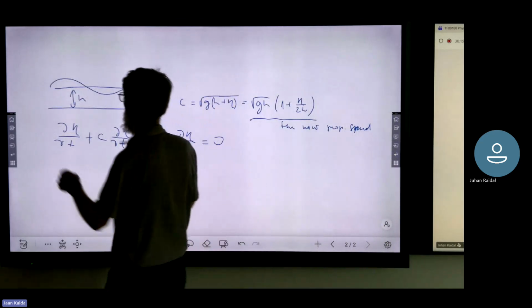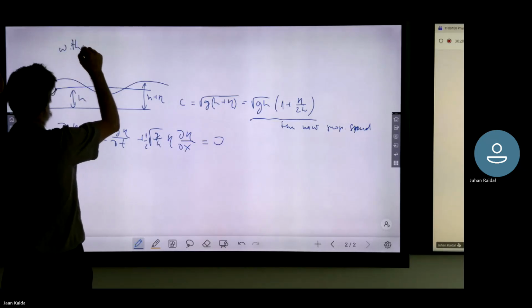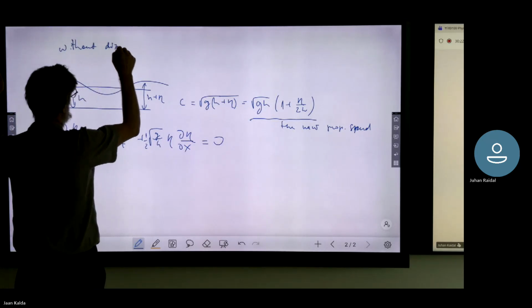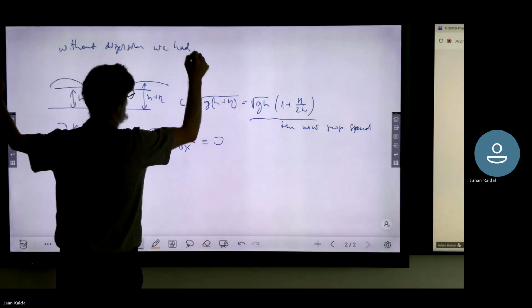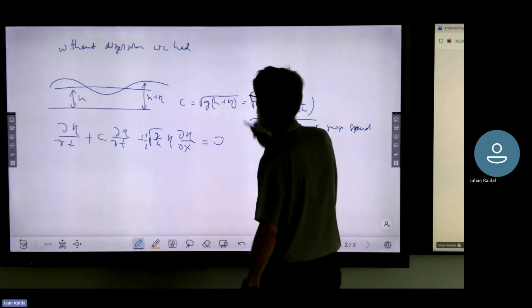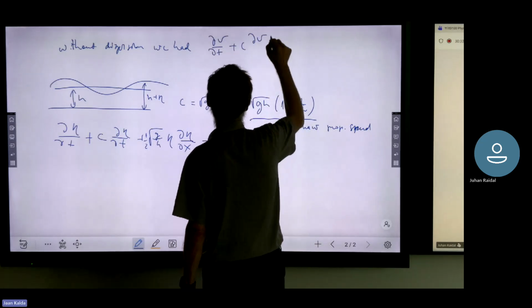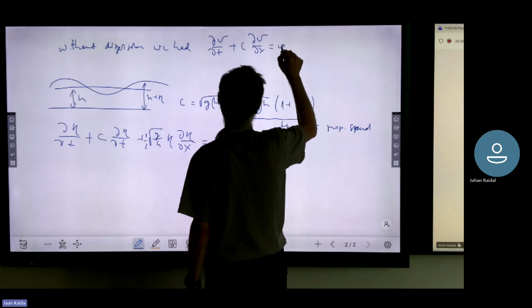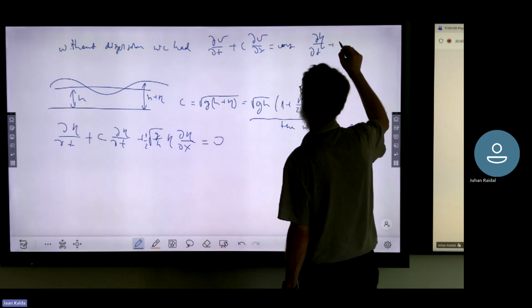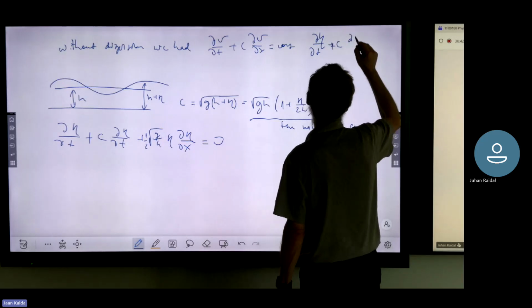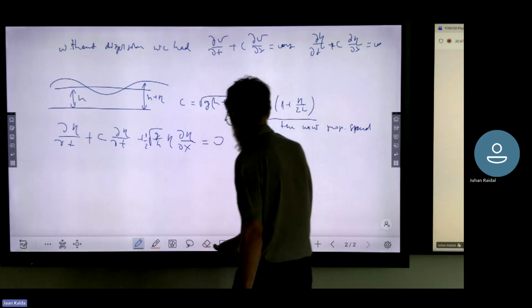Without the expansion, we had dv over dt plus c dv over dx equals 0. Similarly, d eta over dt plus c d eta over dx is 0.